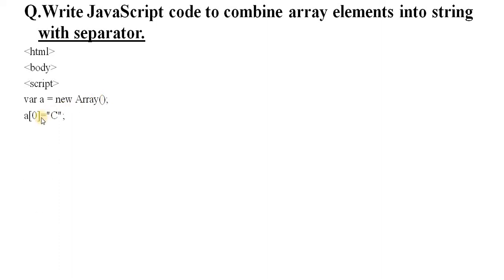I am assigning index 0 the value C, index 1 C++, index 2 Java, and index 3 VB. After that, I am declaring one variable, r = a.join.